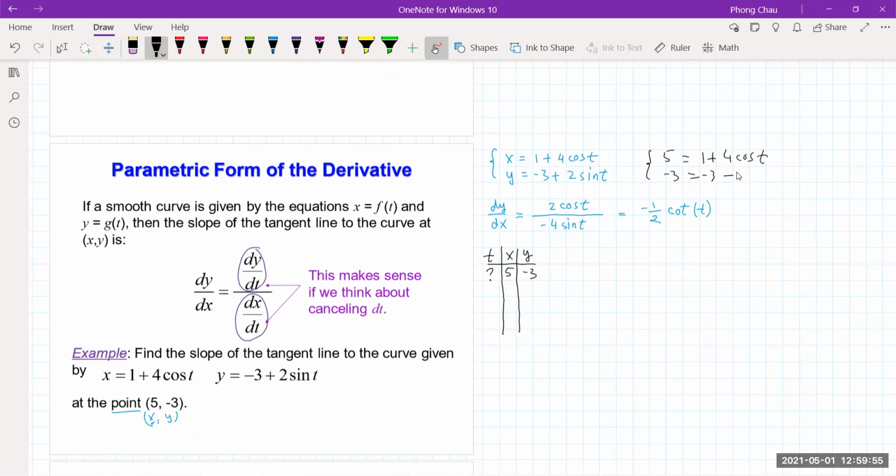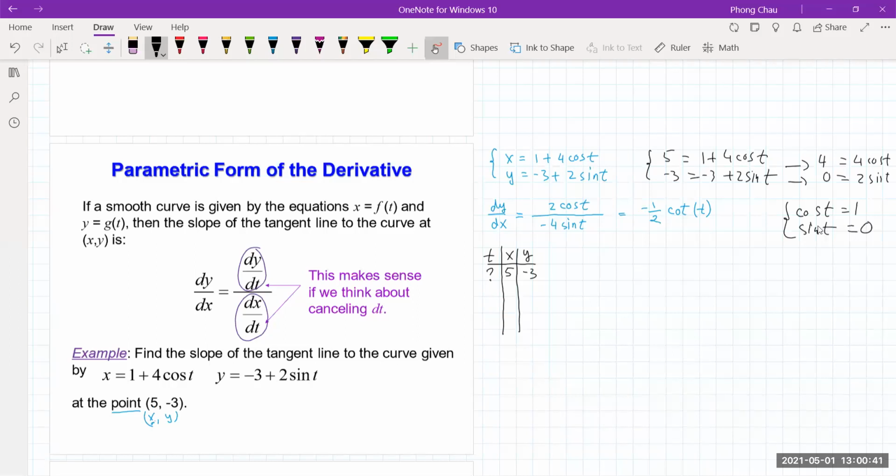That will be 5 minus 1, I get 4, so 4 equals 4 cosine of t, and I get 0 equals sine of t. Well, 4 cosine t equals 4, so cosine of t has to be 1, and sine of t has to be 0. Okay, so we got that.